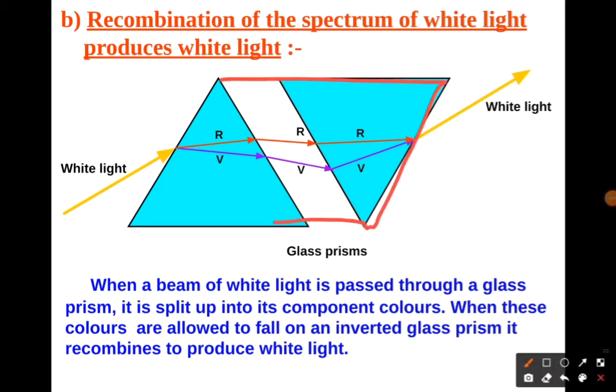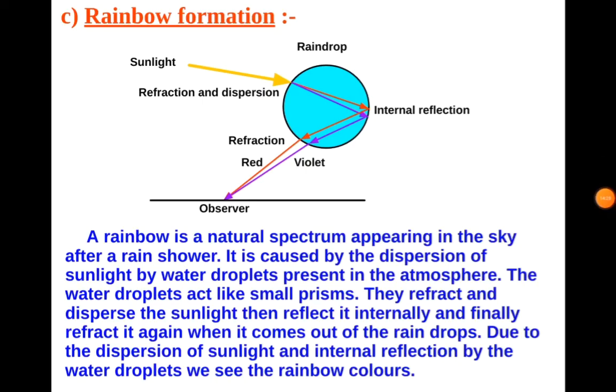Am I right? So the emergent ray is parallel to the incident ray. This is actually what we are learning in this topic, recombination of spectrum of white light. The next topic is the rainbow formation.